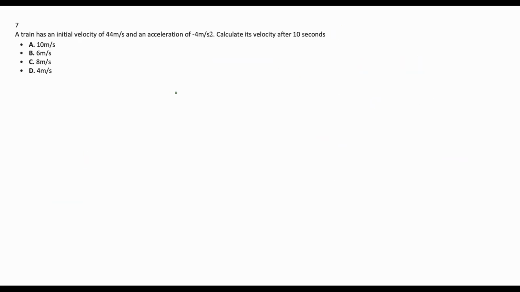Question 7 says a train has an initial velocity of 44 meters per second and an acceleration of minus 4 meters per second squared. Calculate the velocity after 10 seconds. Usually when I have a question that deals with motion, my first go-to are the equations of motion. The equations of motion are V equals U plus AT, V squared equals U squared plus 2AS, and S is equal to UT plus half AT squared.